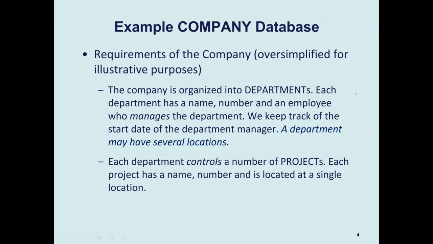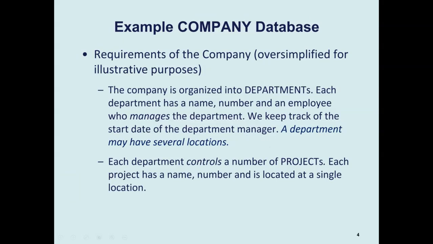So the first one, the company is organized into departments. So each department has a name, number, and an employee who manages the department. We keep track of the start date of the department manager. A department may have several locations.